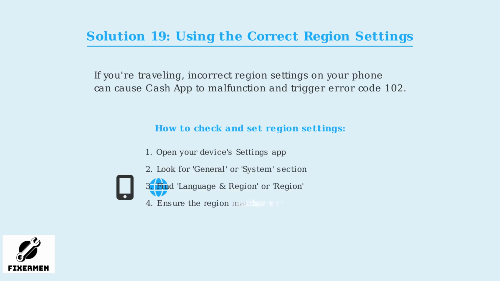Next, find the Language and Region or just Region option. Make sure the selected region matches where you currently are located. Important note: incorrect region settings can prevent apps from connecting to the right servers, which is why this can cause error code 102. Always ensure your region settings are accurate, especially when traveling internationally.